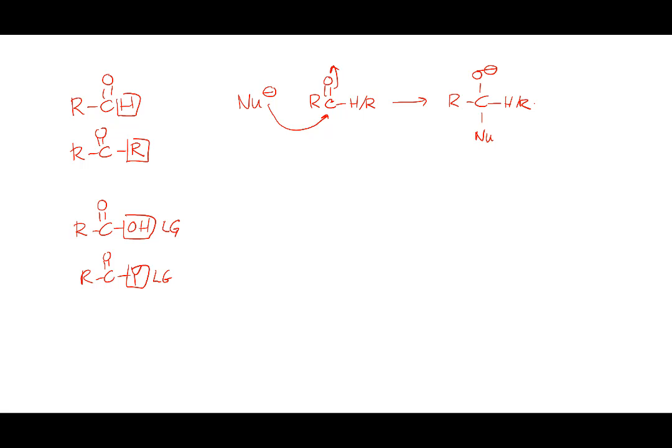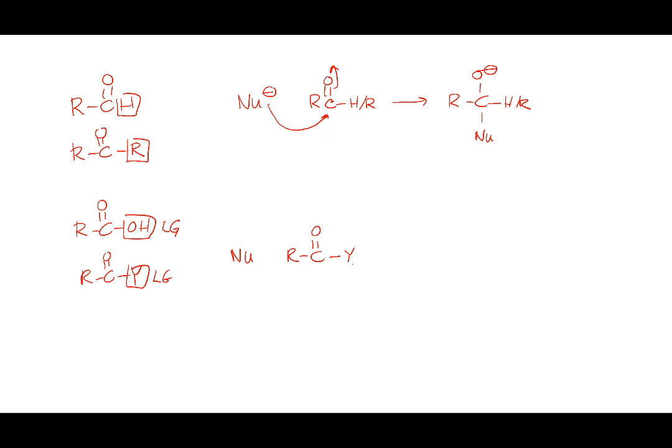Let's do the first step in the bottom set. We'll make that just a generic Y group. Okay, what's the mechanism for the first step here? You're all waiting for me to push the button. Okay, I'll push the button.